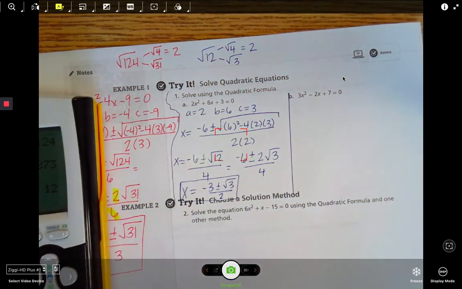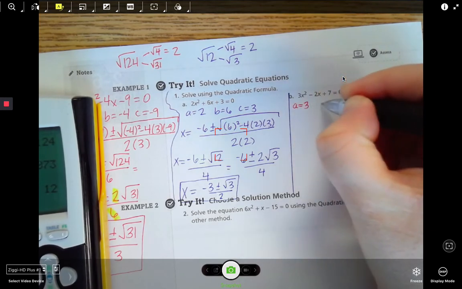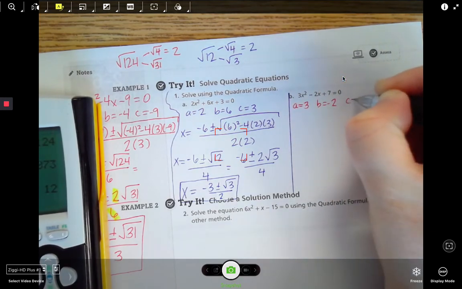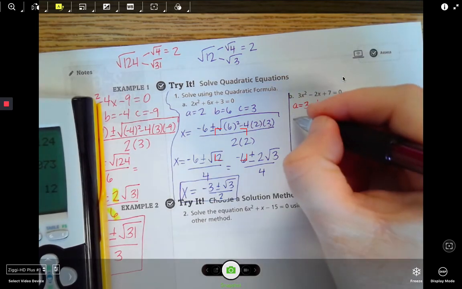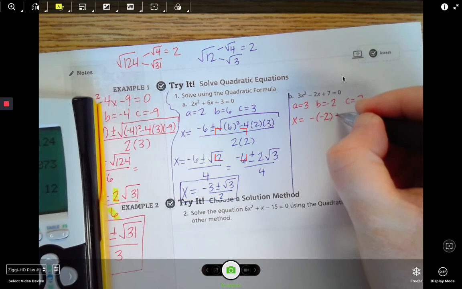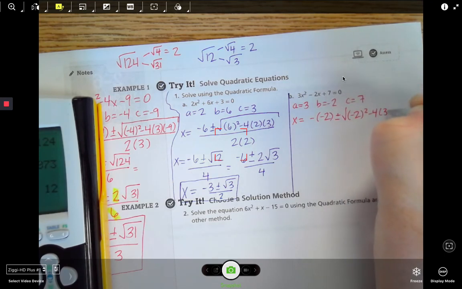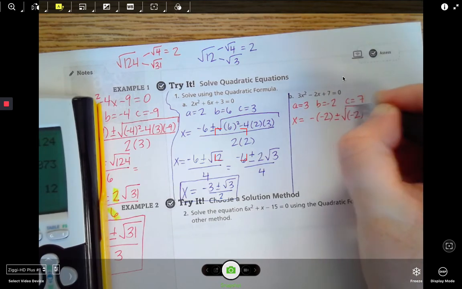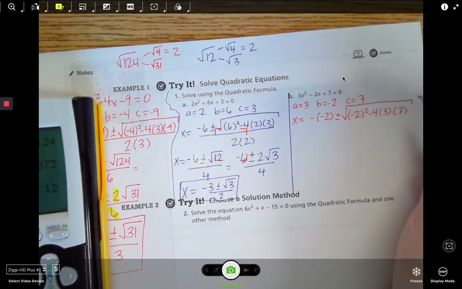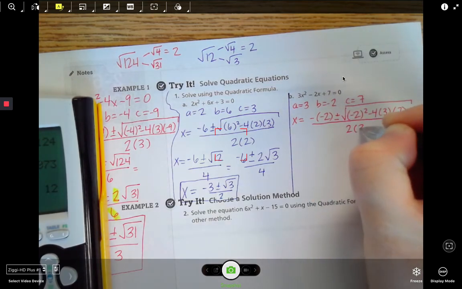Alright, and then my second one over here. A equals 3, B equals negative 2, C equals 7. So x equals the opposite of b, plus or minus the square root of b squared minus 4 times a times c, all over 2a.